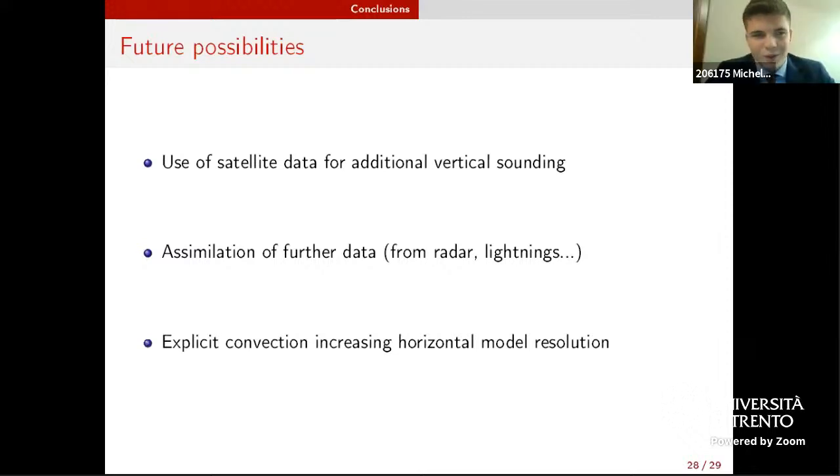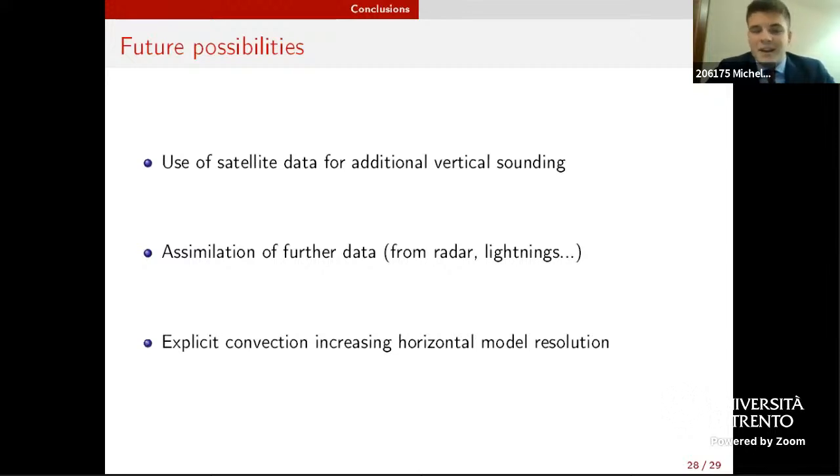I would like to know better the various microphysical or other physical schemes, because there are many schemes that can be used in the model, and it would be interesting to catch the differences.